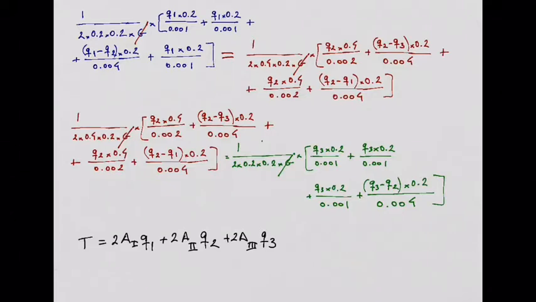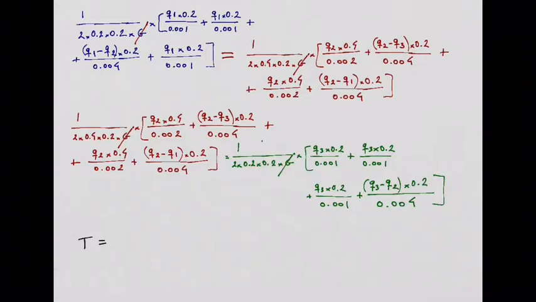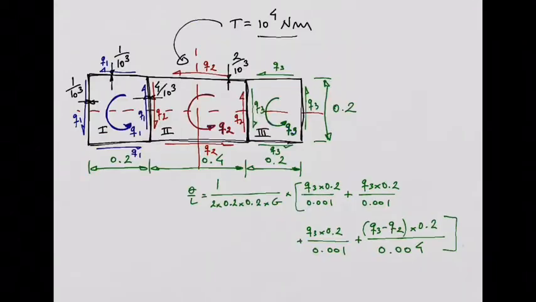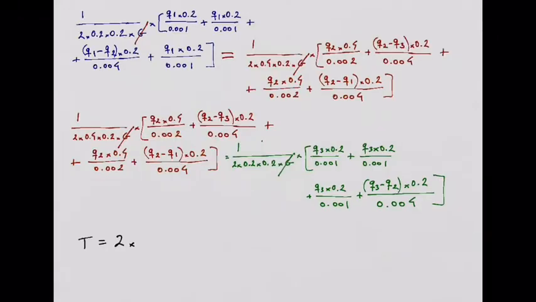So these areas are very easy to calculate. I need space. So 2 times the area of cell number 1. The area of cell number 1 is this area, 0.2 times 0.2, right? So this is the area of cell number 1. I need to multiply this by the shear flow Q1, which is the shear flow at cell number 1.